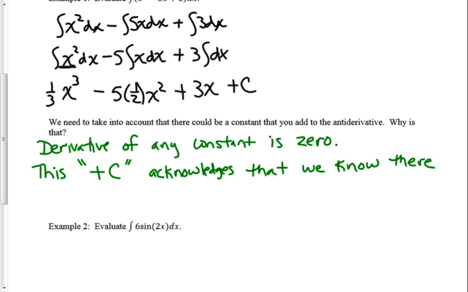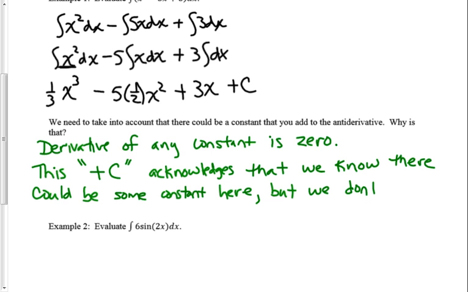We are acknowledging there could be some constant, and we're also acknowledging that we don't know what it is.